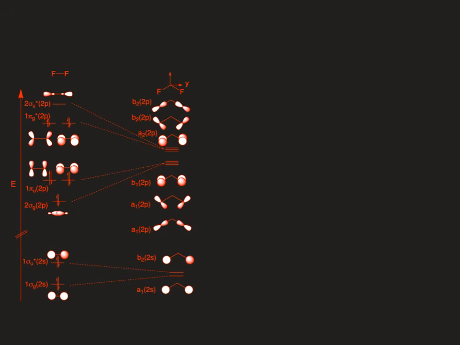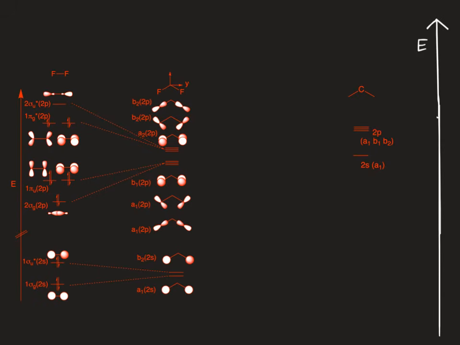Furthermore, because we have that carbon atom in the center, these orbitals are going to reorient themselves such that the z-axis for the atomic orbital is going to be located along the fluorine-carbon bond. So when we do this and we drop into C2v symmetry, the symmetry labels change. So we now have our 2s combinations and the 2p combinations. As I said, notice that now we have the 2pz orbitals oriented along that carbon-fluorine bond.